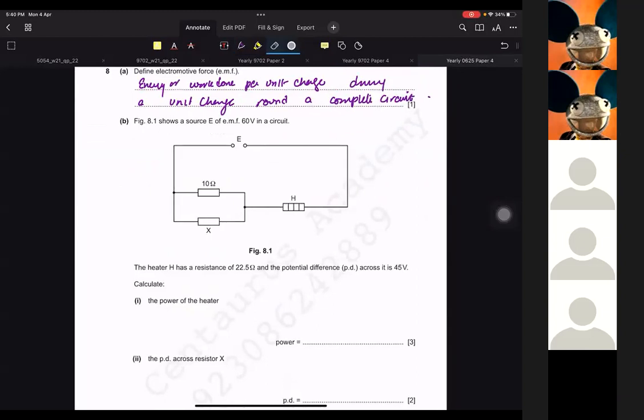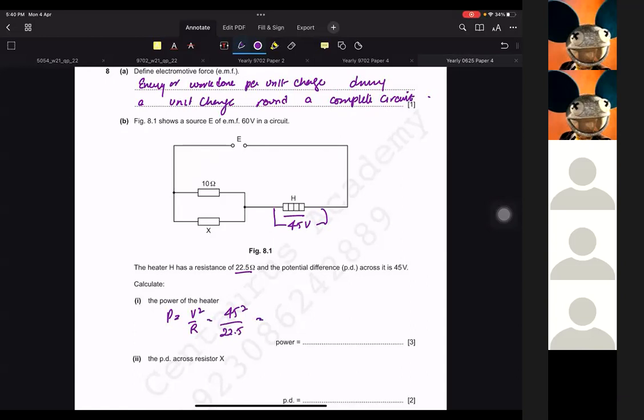Then it says the heater H has a resistance of this. So where is the heater? The heater symbol is this, and the potential difference across it is 45 volts. Power of the heater: power is V squared over R, because there's no current given, we can use this. 45 squared over 22.5.